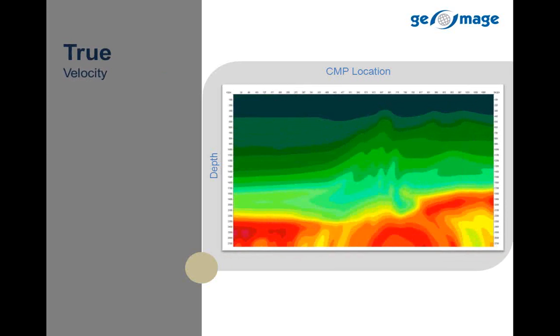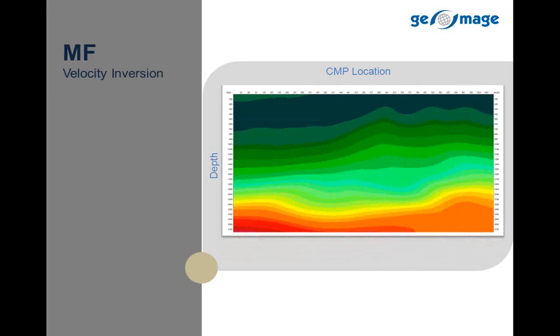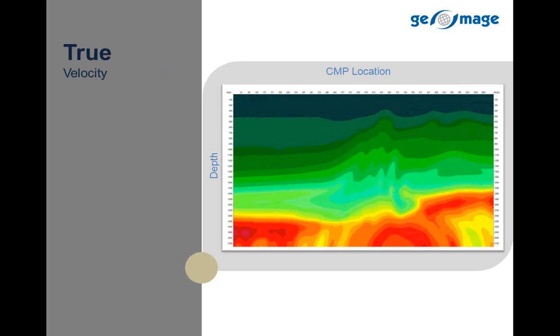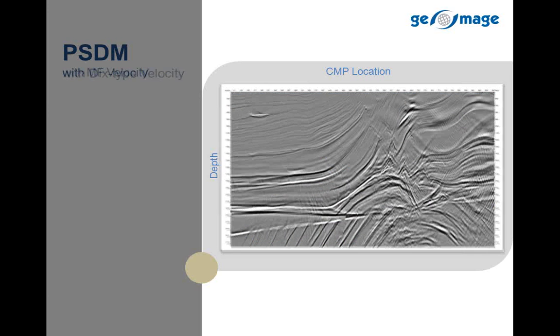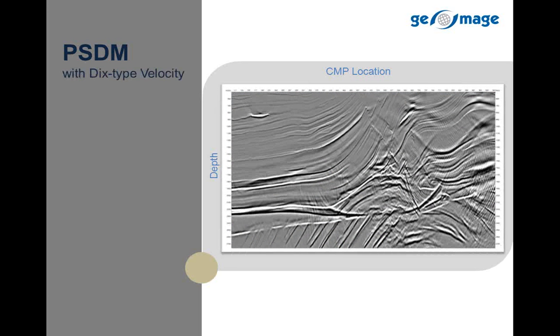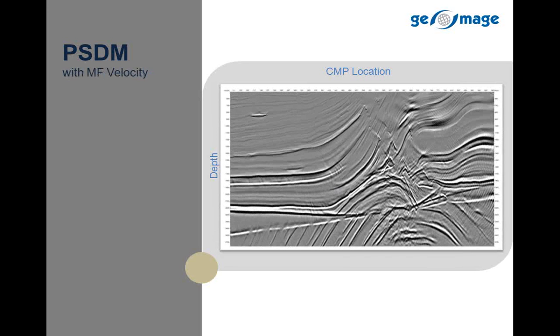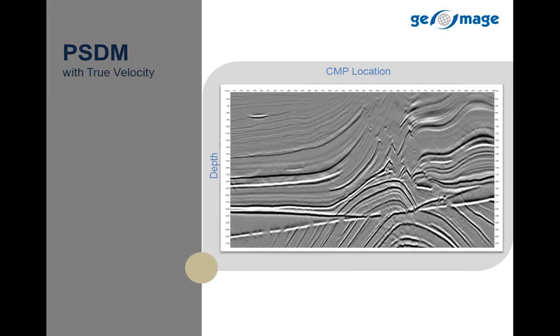As a first initial macro model approximation, the velocity obtained by multifocusing is not bad at all. Of course, we can see it better on the depth image itself after PSDM, after pre-stack depth migration. The Dix type velocity versus multifocusing velocity shows much better results with multifocusing, and more close to the true velocity pre-stack depth migration.